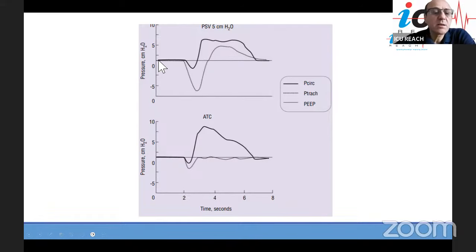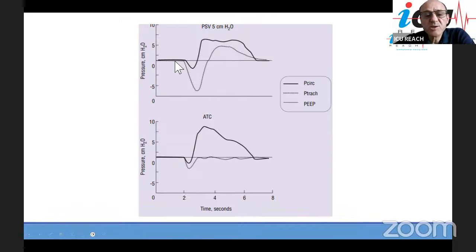And you can see here that there is no PEEP. PEEP of, I see it's like if this is the zero line, probably slightly higher. Okay. But forget about the PEEP, because you can understand this by looking at the circuit pressure here.